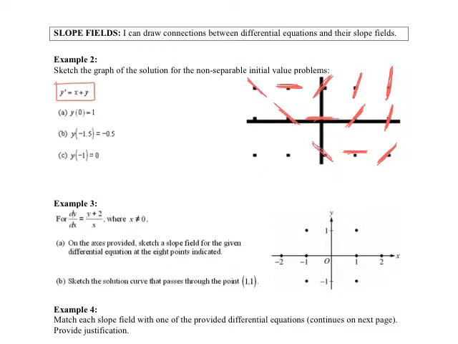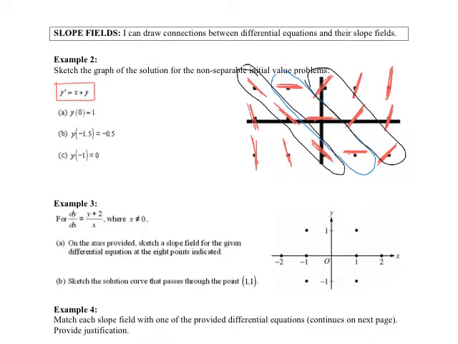In this particular slope field, what we get is diagonals tend to have the same slope. So you can see that along this diagonal, we get a 0 slope. Along this diagonal, we get a -1 slope. This diagonal has a +1 slope.